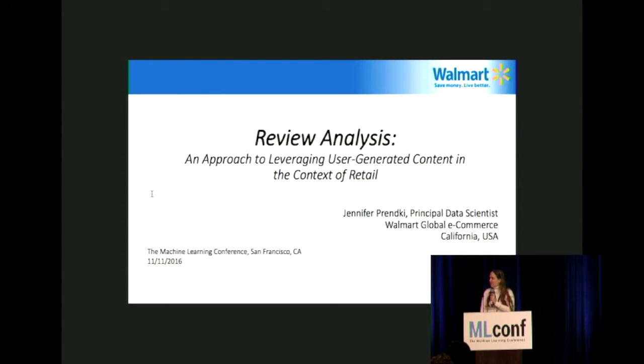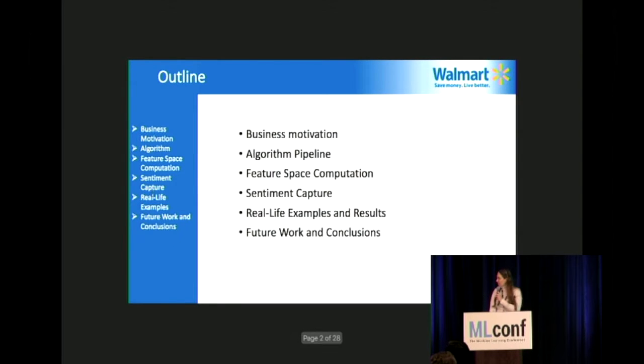So today I'm going to present some work we've started very recently regarding review analysis. I'm going to start by telling you about the business motivations very quickly, and then I'll dig into the algorithm that we've developed so far.